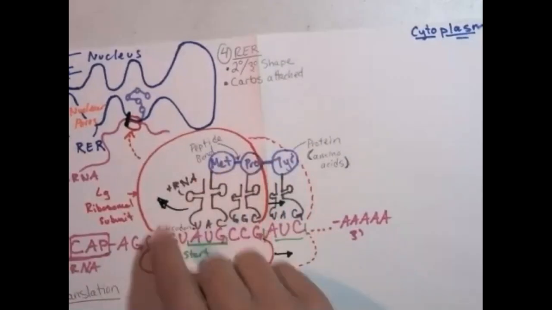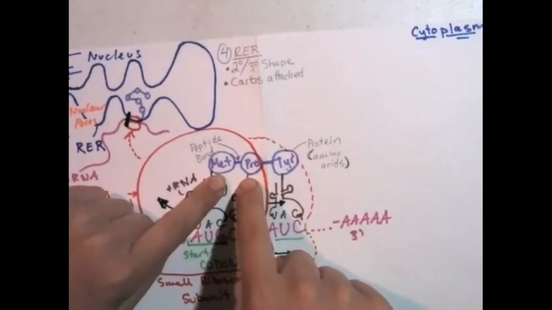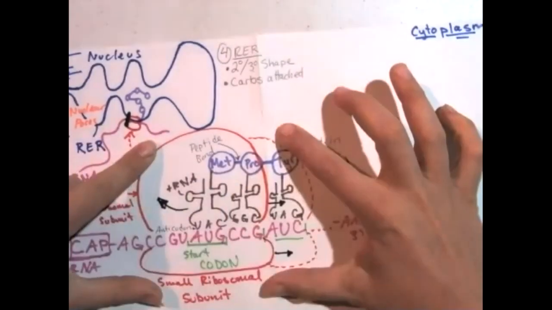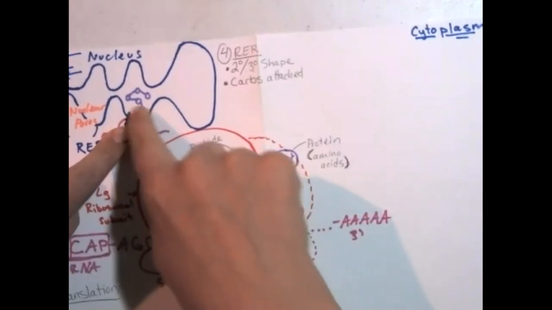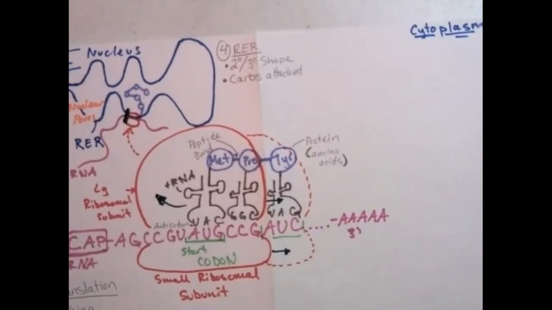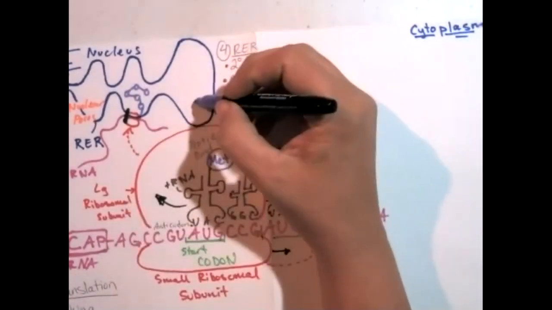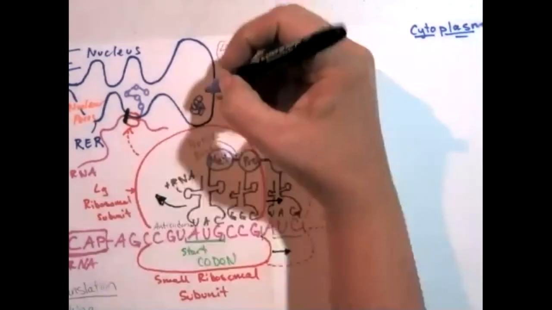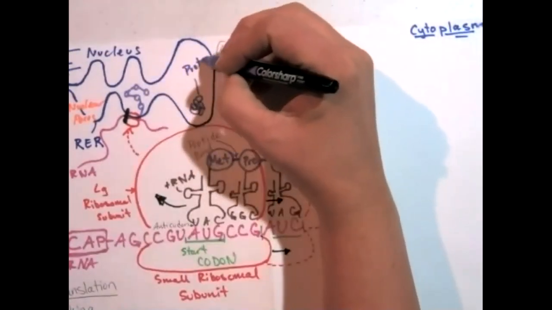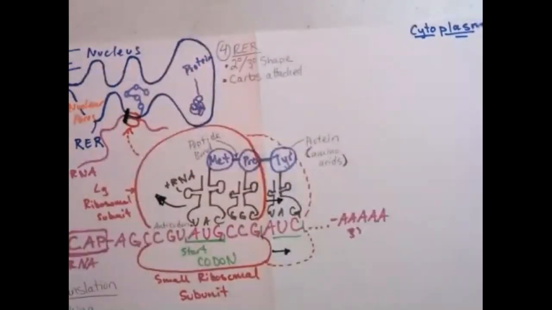So again, protein is destined to leave the cell or become part of a membrane. Entire structure attaches to the RER. The protein is finalized and the ribosome stops translating as soon as it comes across the stop codon, leaving essentially this folded up protein with carbohydrates attached.